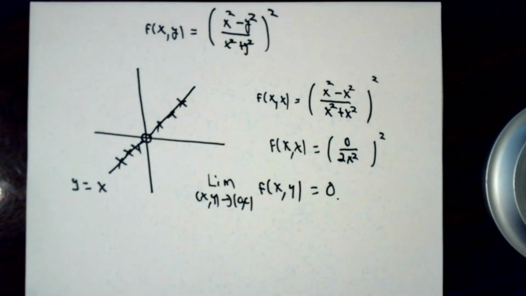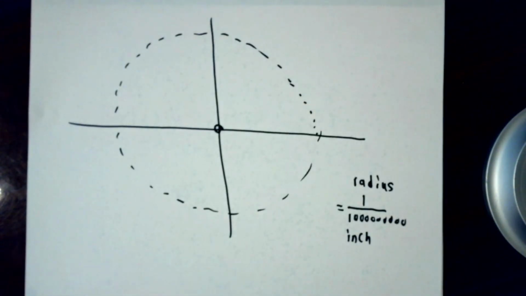By itself, this tells me that there is no single number L that the function values start looking like just because you're close to the origin. If I draw a disk centered at the origin, even if it were 1/1000th of an inch in radius, you're still going to have trouble.